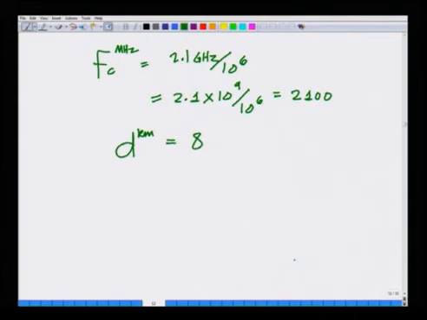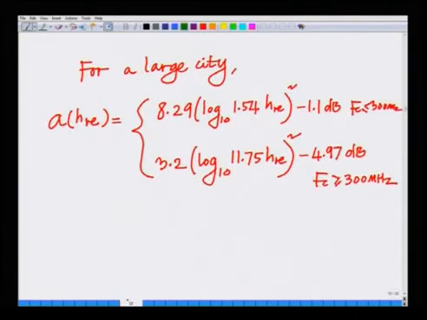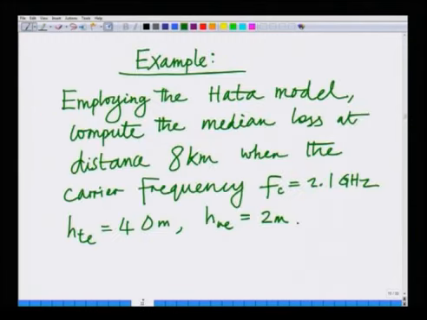We have the mobile antenna correction factor, and going back to this expression for the correction factor, we know that the carrier frequency is 2.1 gigahertz, greater than 300 megahertz. Hence, also it is given that it is a large city, hence we use 3.2 log 10 11.75 HRE square.